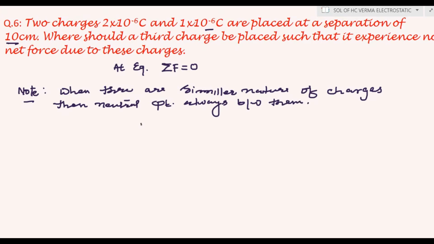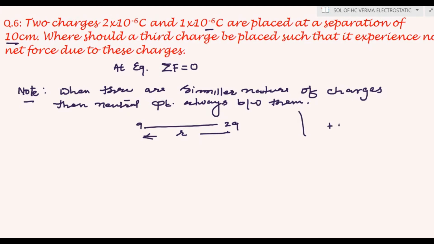Let's see here, we have two positive charges. One is Q and another is suppose 2Q. Let both be separated by distance R. How would you say that equilibrium is always between them?